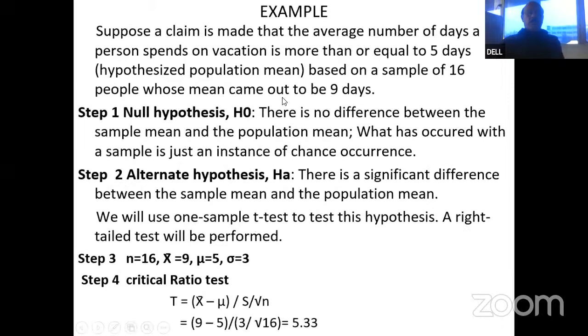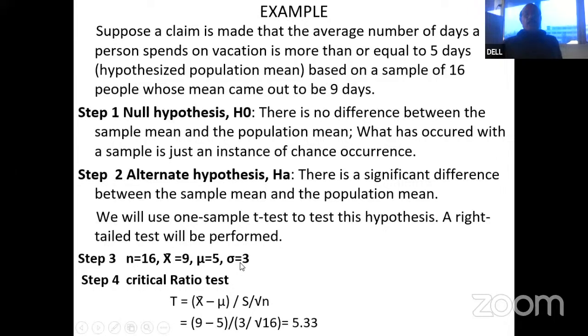So the data given in this particular example case study: n is equal to 16. Taking 16 people as the observation and studying them, the average vacation of that sample is 9.